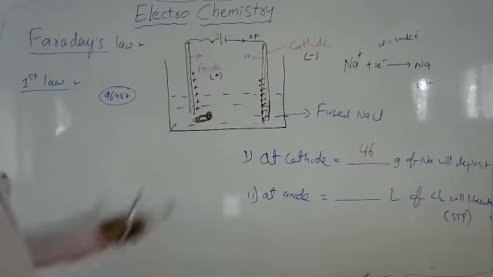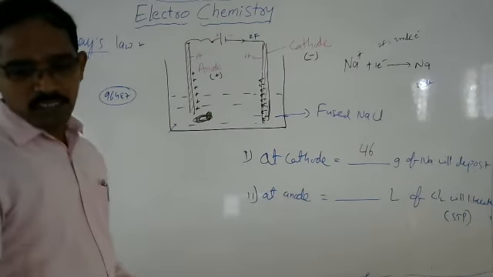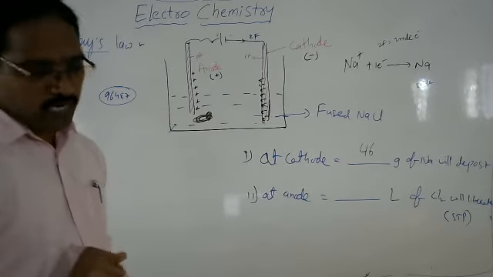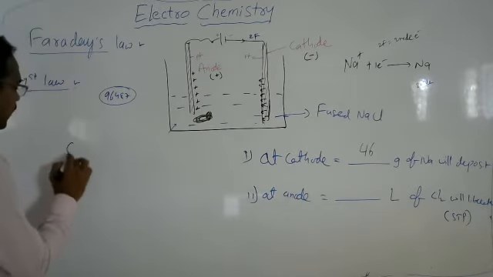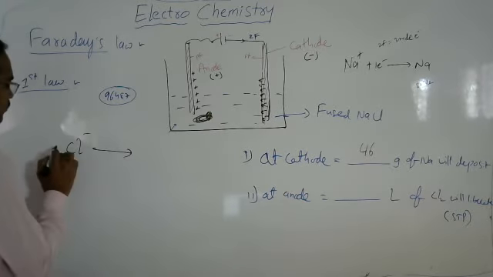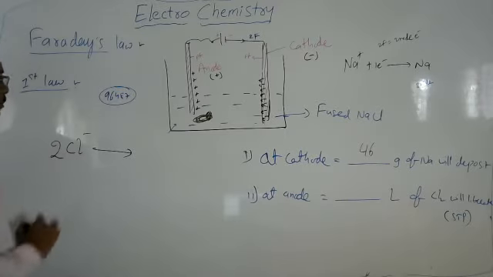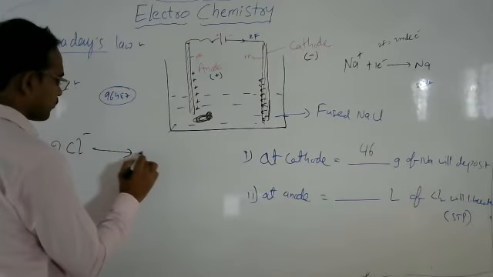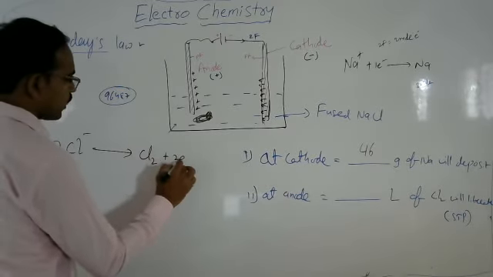See here, 2 faraday means 2 moles of electrons are exchanging. Because when Cl minus loses an electron, 2 Cl minus gives Cl2 and 2 electrons.